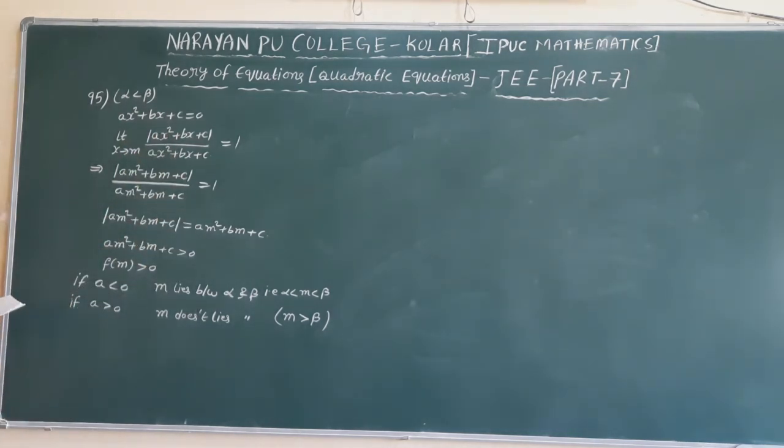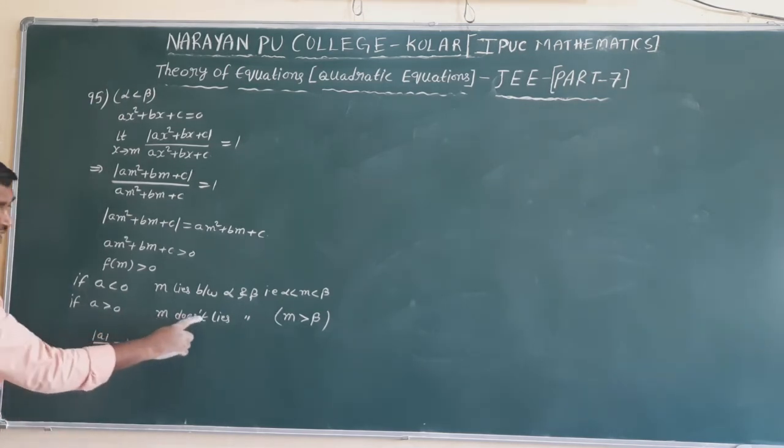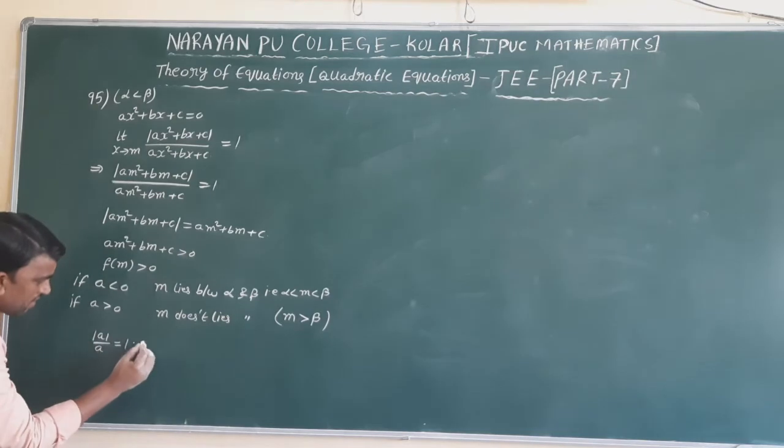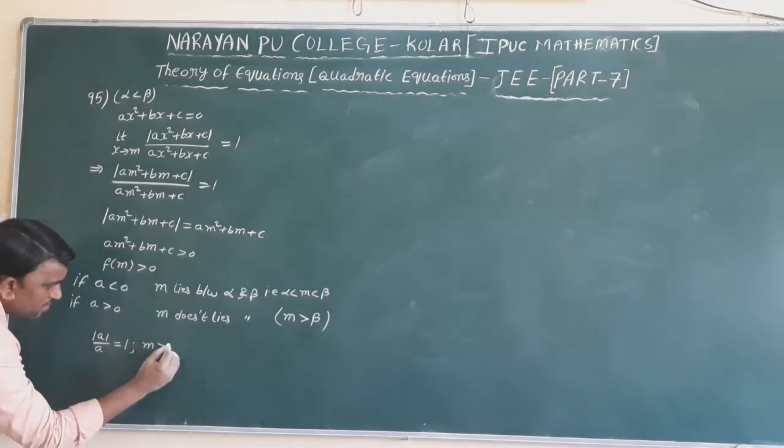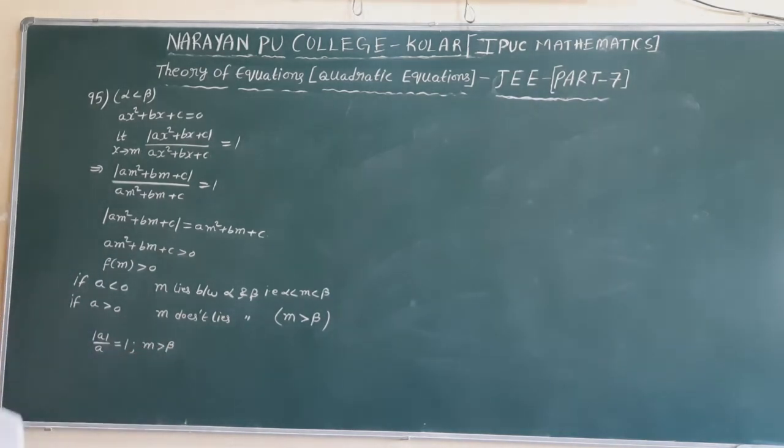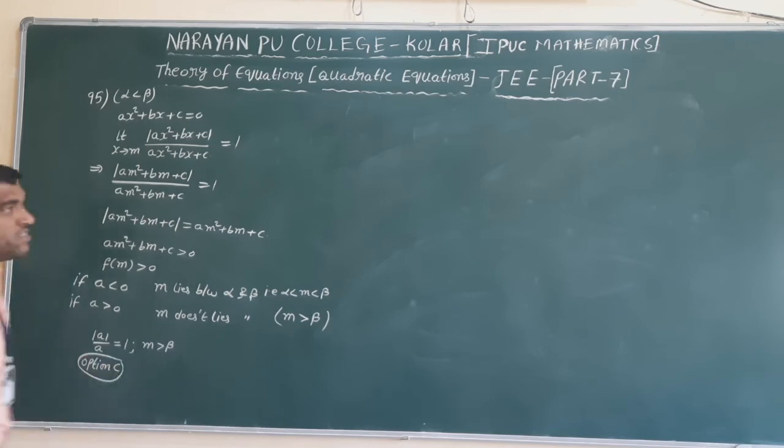Next, a is greater than 0, then modulus of a by a is 1, which is satisfied, and m is greater than beta. So verifying the options, option C is correct.